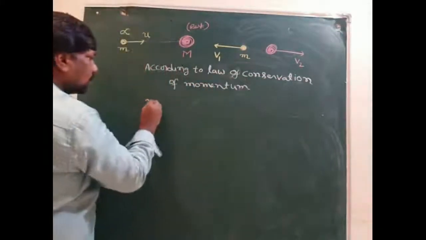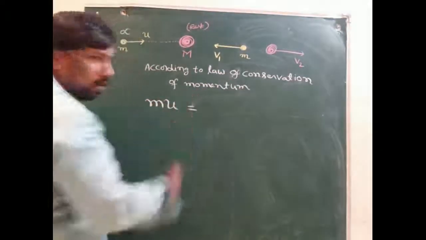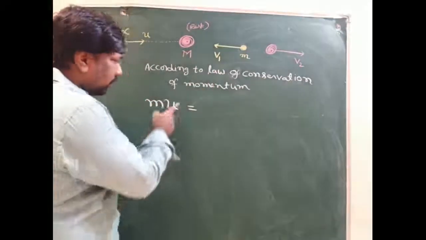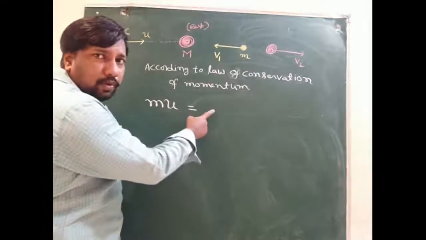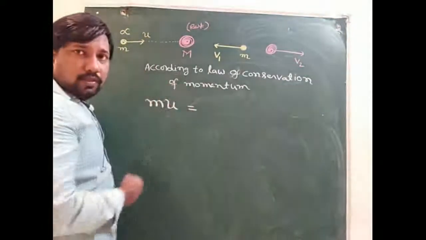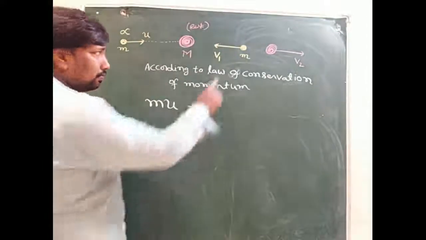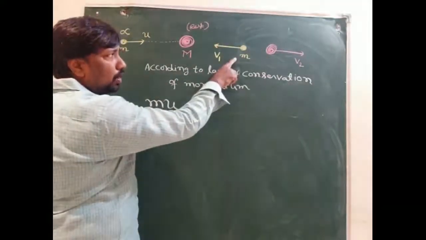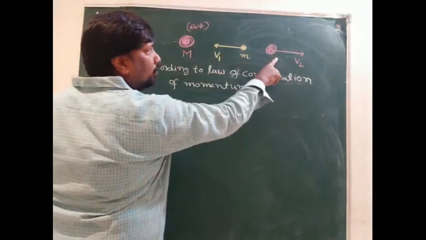initial momentum equals final momentum. The final momentum is that of the alpha particle plus that of the nucleus.